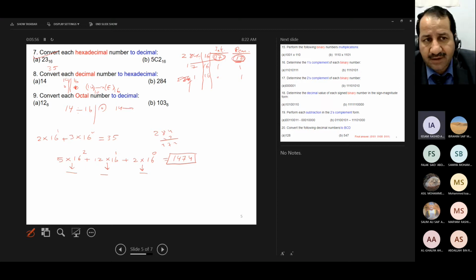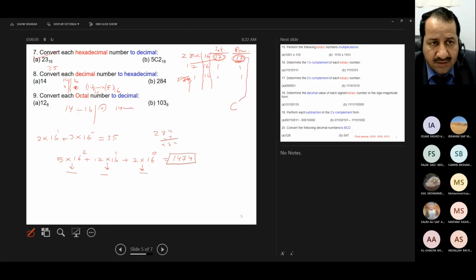Which one of them in hexadecimal? C. So we will write C. But you see here, this is the least significant bit, and this came second, and this came third. So this is, as you remember, A0, this is A1, as we discussed before, and this is A2. In this way.